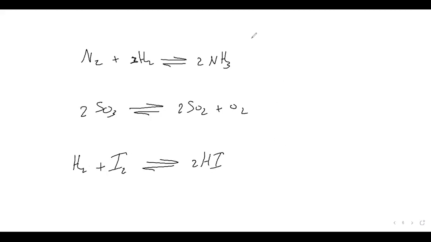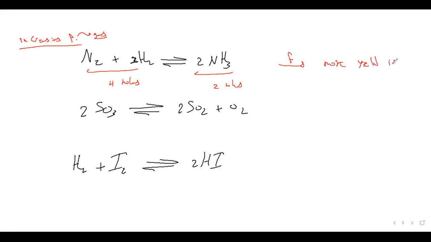In case of increasing pressure, what will happen? In the first case, the number of moles in reactants equals 4, and you must know that pressure is for gas only, concentration for liquid. As a product we have 2 moles. By increasing pressure, the reaction moves to the fewer moles, so it moves forward and more yield is produced.